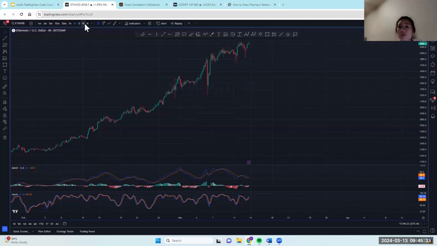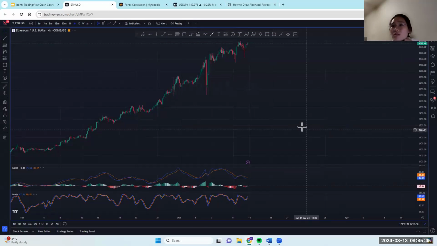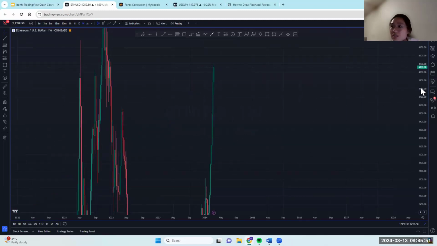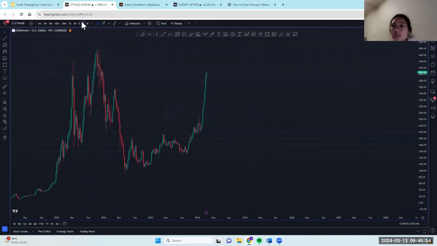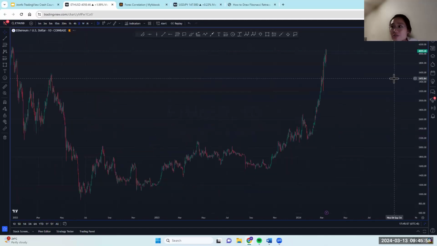Okay, so on our daily time frame, okay, I actually want to use the Coinbase one. Okay. So on our weekly time frame, we see prices definitely moving in this uptrend. And on our daily time frame, it's also in this uptrend.